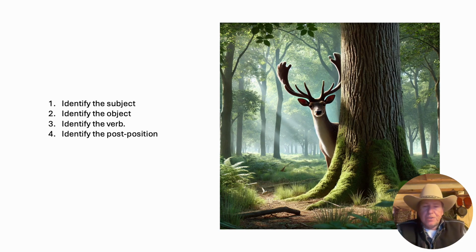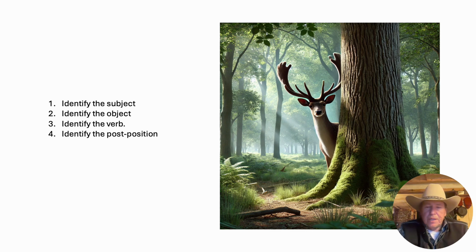Okay, so I'm purposely not giving you the answers to all of them because you should be able to just think of it as a formula and plug everything in, and I'm pretty sure you're going to be correct. So this one, identify the subject, identify the object, the verb, and the postposition. So the subject is the deer, takhja. The object is the tree, cha.